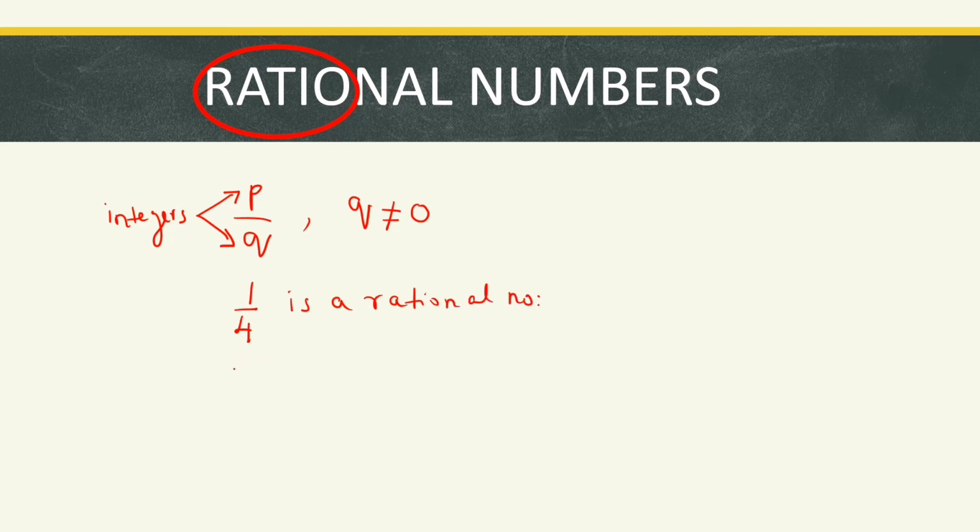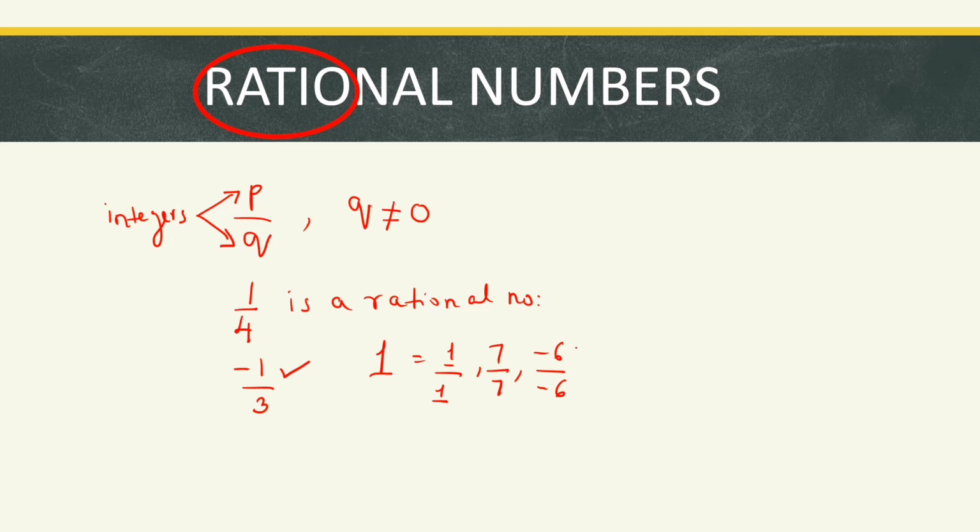How about minus 1 by 3? If I see, the numerator minus 1 is an integer, denominator 3 is an integer and denominator is not equal to 0. Therefore, minus 1 by 3 is also a rational number. How about a whole number 1? I can also represent this 1 as 1 by 1 or 7 by 7, minus 6 by minus 6, any of these.